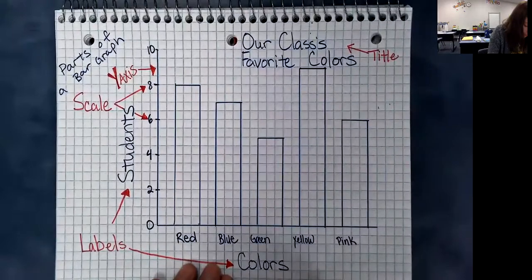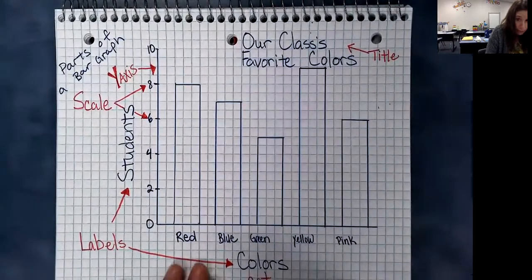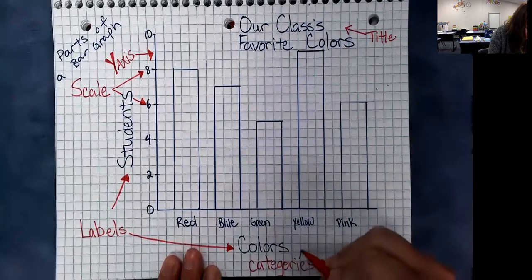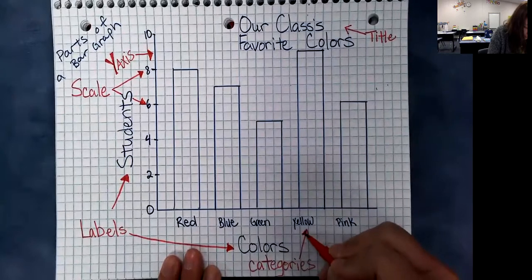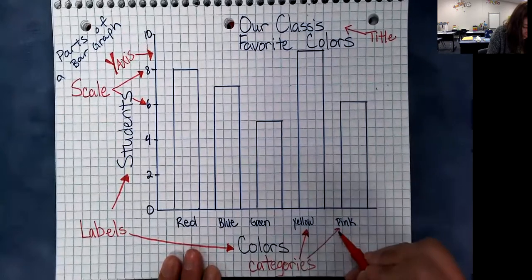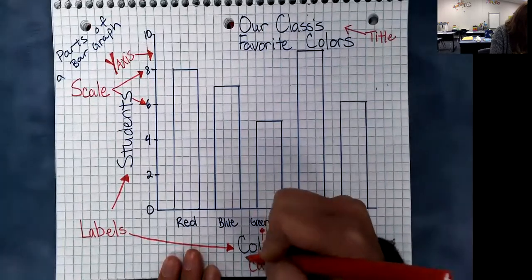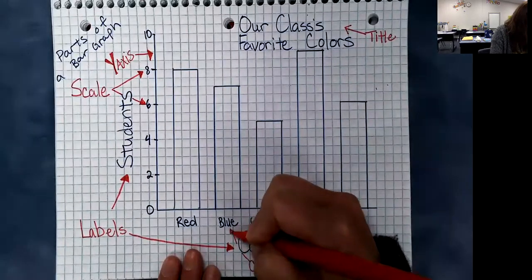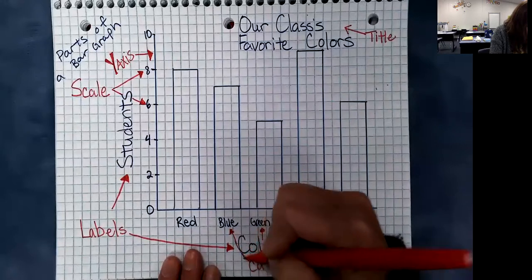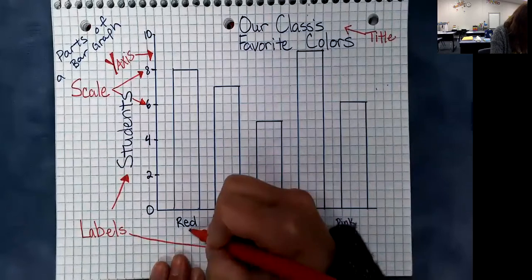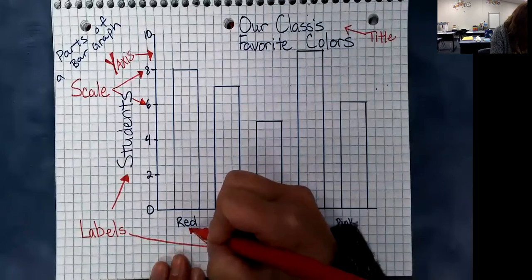So I'm gonna write that down here. Can you see that? Nope, there we go. Categories, and that is yellow, pink, green. These are all the categories I used in my survey. Those are all the categories.